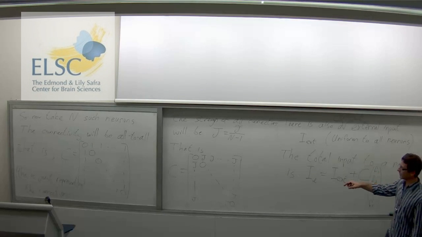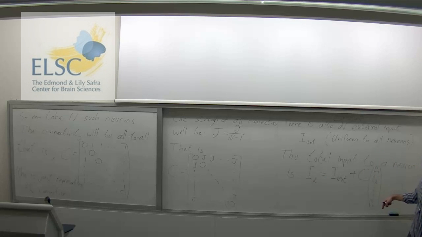Just summating, each of them is multiplied by J, except for the ith element. So how many J times F do we have? We have n minus 1 such terms. Okay. So this is multiplying the ith row of C by this column. So it's J F1 plus J F2 all the way to J Fn, only leaving out J Fi, because it's not connected to itself.